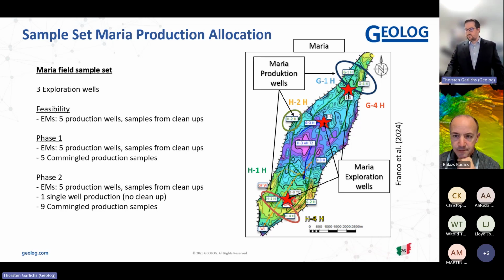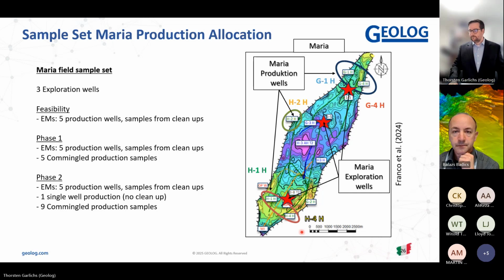That's the reason why the biomarker ratios are not suited to make the deconvolution here. We tested mainly only the standard biomarker ratios. If there are any other biomarker ratios which are not in the standard NIGOGA guideline, this can potentially be tested, but we used the Geolog approach and Geotech's analysis from Placido, Franco.